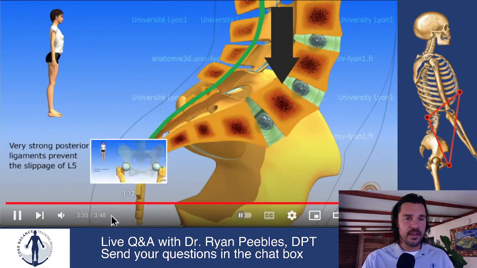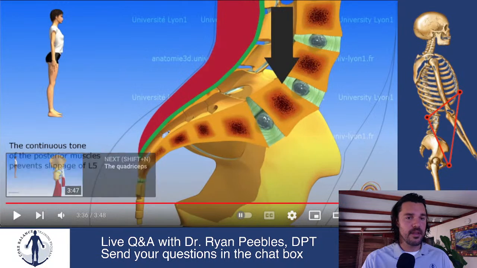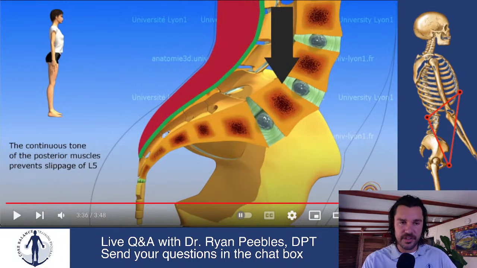Actually, this last scene here is really interesting because this now is red, representing the lower back muscles, and you can see if these muscles would become tight, they would be pulling up on the pelvis essentially, and that would be contributing to the posterior tilt.